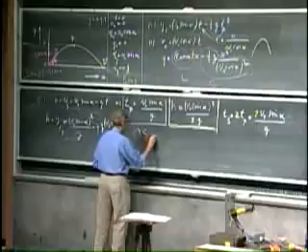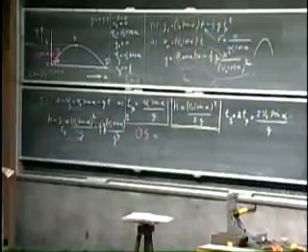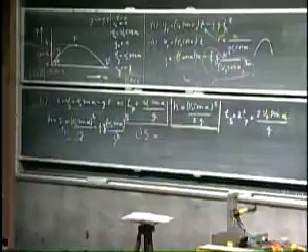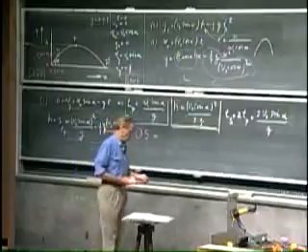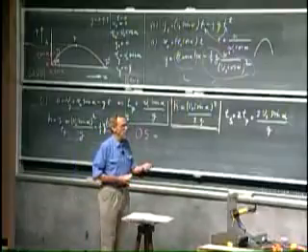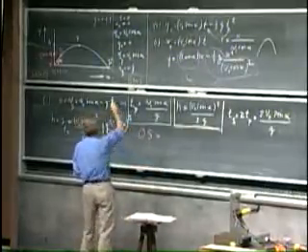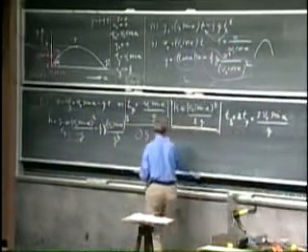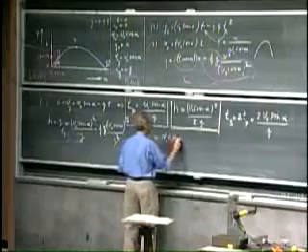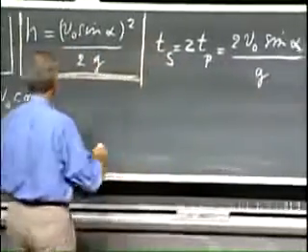I want to know what OS is. The distance OS. I shoot it up and it hits the floor again. What is that distance that it travels? Well, for that, I need equation number 1. It is v0x times the time. And v0x is v0 cosine alpha. So we get v0 cosine alpha times the time to hit it. That is 2 v0 sine alpha divided by g.